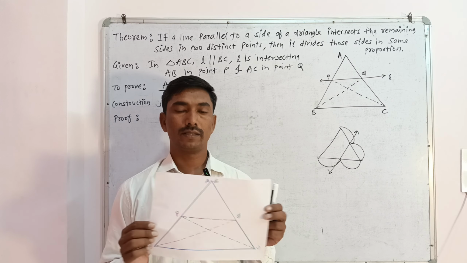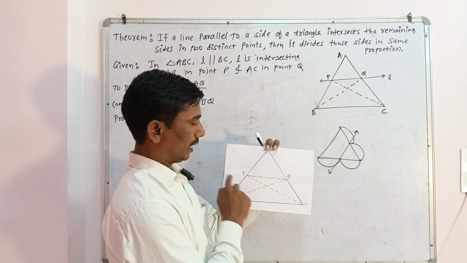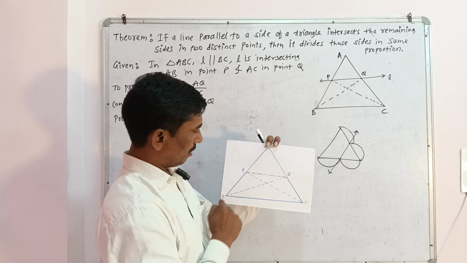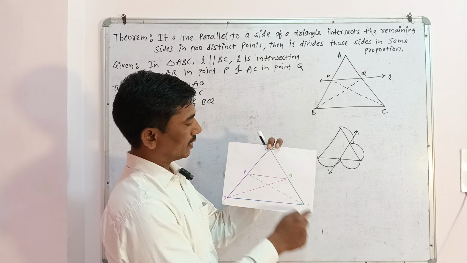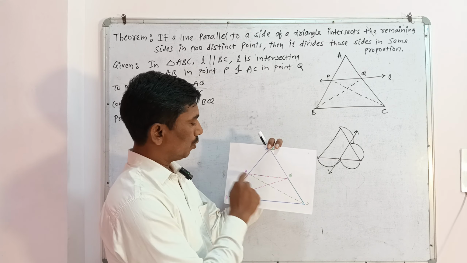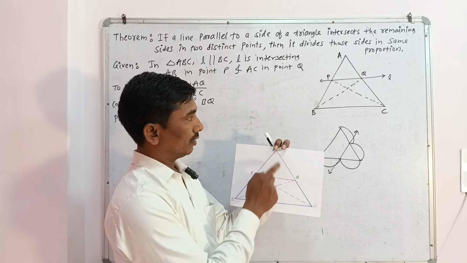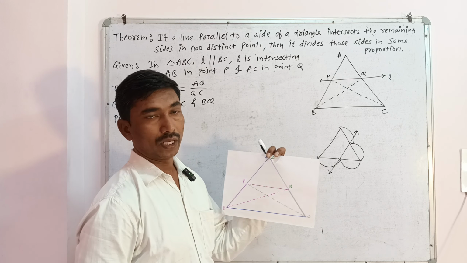Suppose this is point A, this is point B, this is point C. So this is the triangle in which line L is parallel to BC and line L is intersecting side AB at point P and side AC at point Q. Now again I have drawn here by joining BQ and PC so that the diagram is like this.